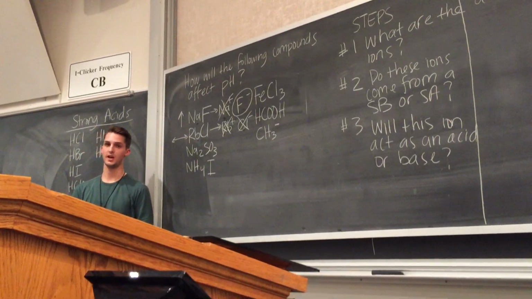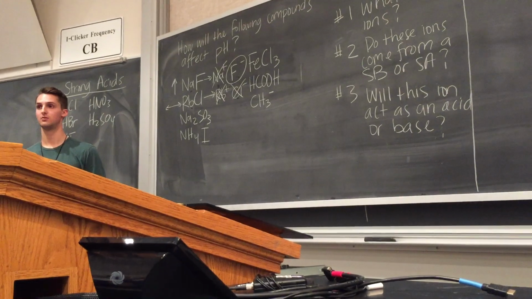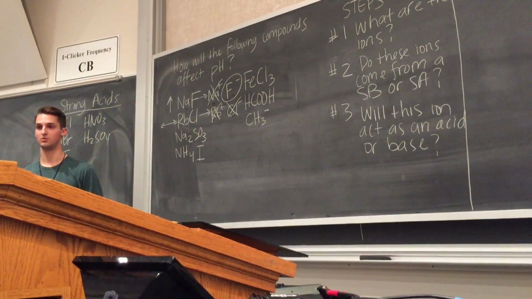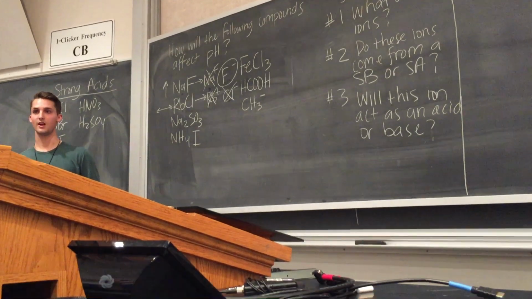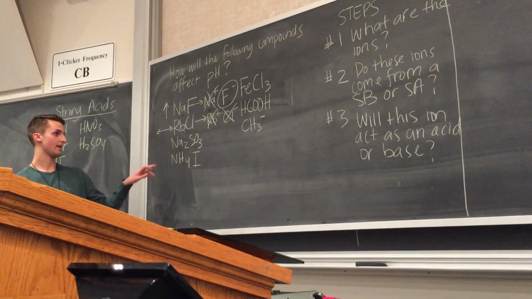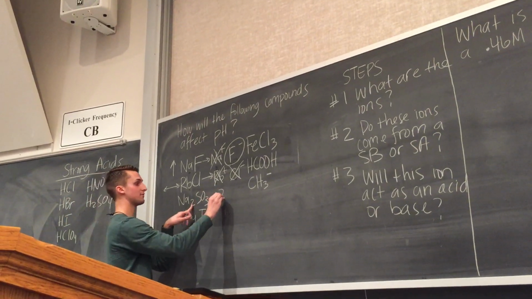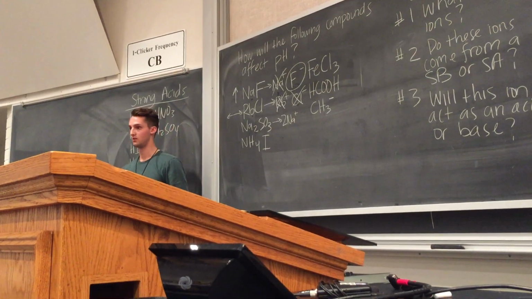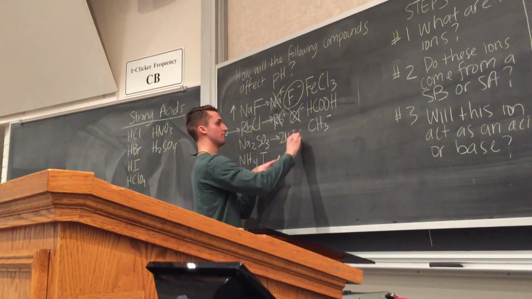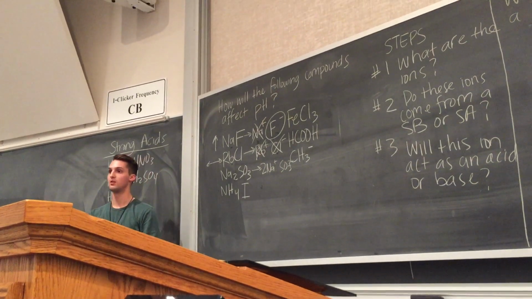Na2SO3. Okay, what are the ions? You guys felt a little less confident on this one. What are the ions? Okay, I have Na plus, but I have two of them here. So I have two Na plus and SO3 2 minus. Good. So second step.